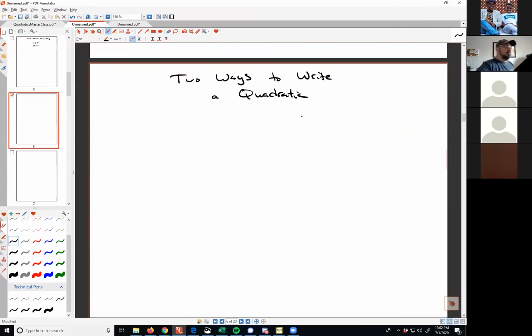So let's see. In general, we can write a quadratic as ax squared plus bx plus c. But if the roots are r and s, we just saw that we can write that same quadratic as a times (x minus r) times (x minus s). And I would like everybody to work on expanding the right-hand side while I give my cat back to the other side of the apartment.